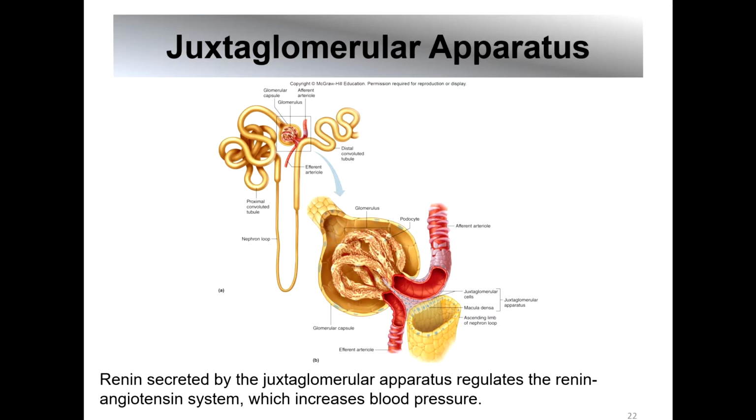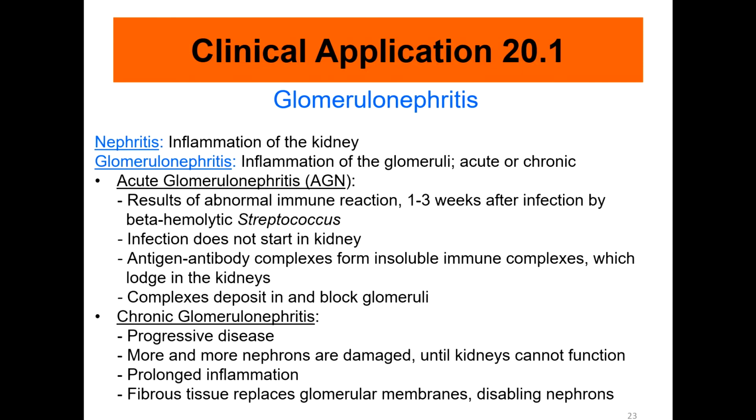And so if your blood pressure is already high, your doctor may prescribe you an ACE inhibitor, and that's a drug that will inhibit angiotensin converting enzyme and basically prevent you from producing angiotensin 2. But anyway, it all starts down here in the kidney. We're detecting the blood pressure in the kidney, and when blood pressure is low, we will release renin, which starts the activation of the renin angiotensin system.